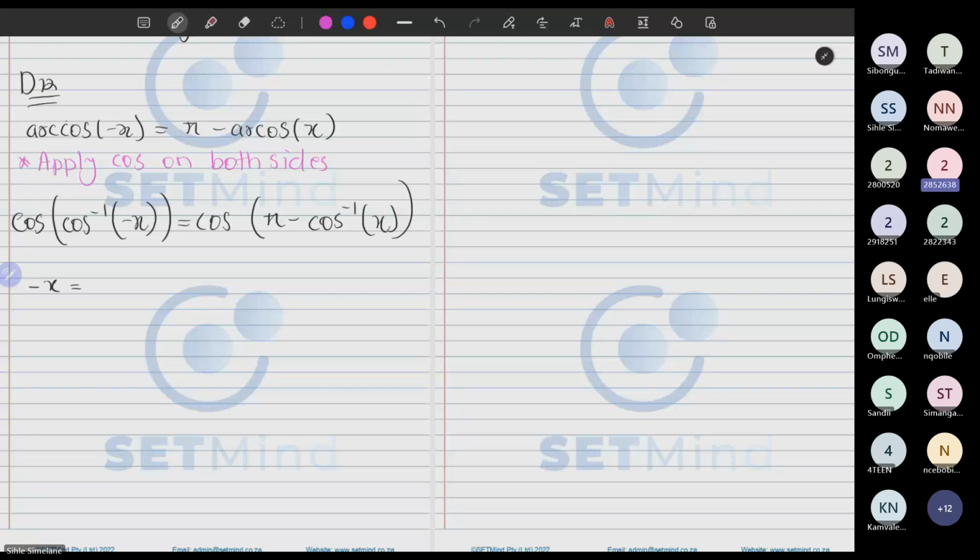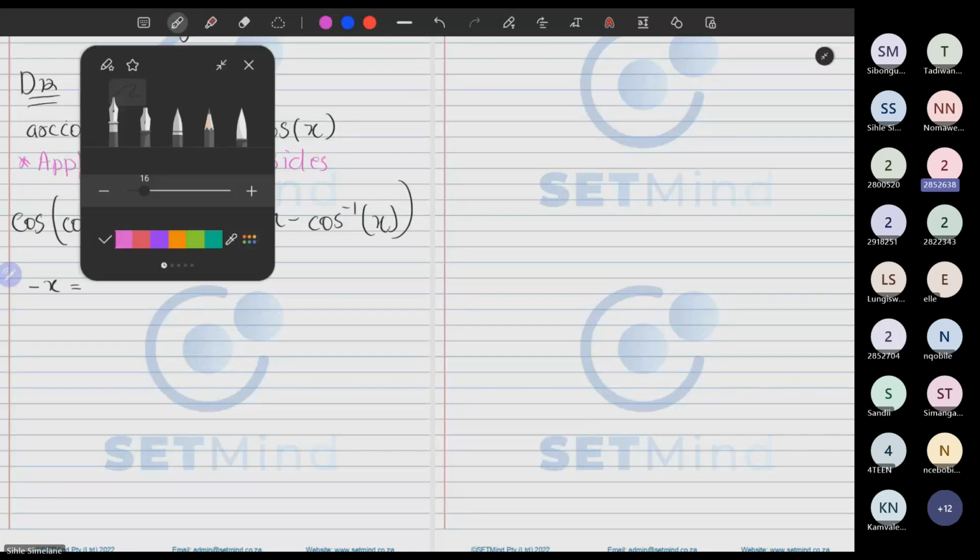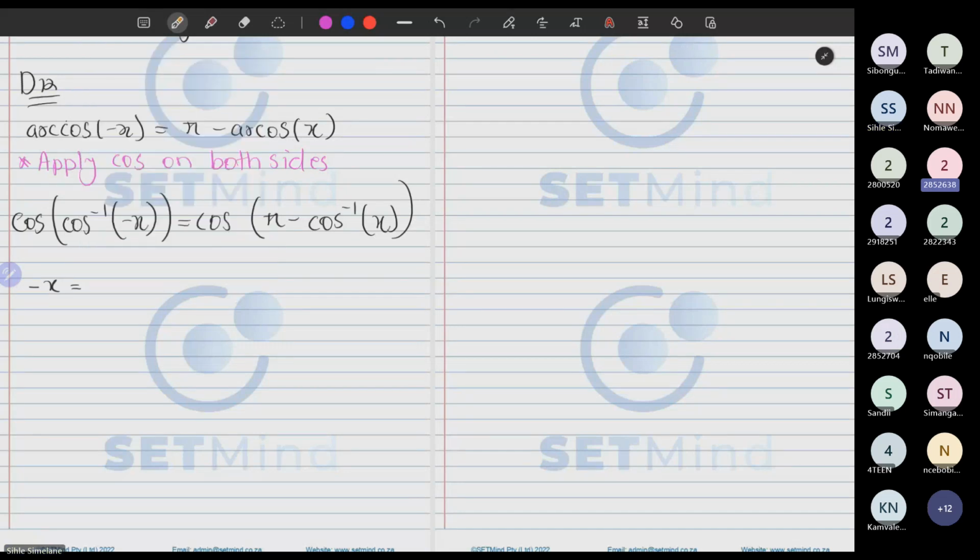I used the Cartesian plane because I know that arc cos gives angles in the first and the second quadrant. The second quadrant is pi minus theta, and my theta is equal to arc cos of x. So I said pi minus.